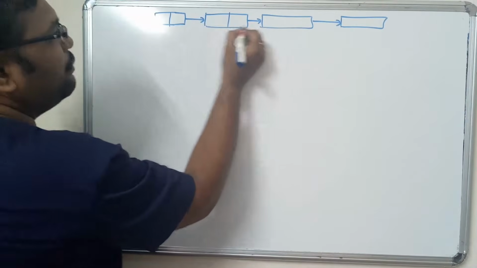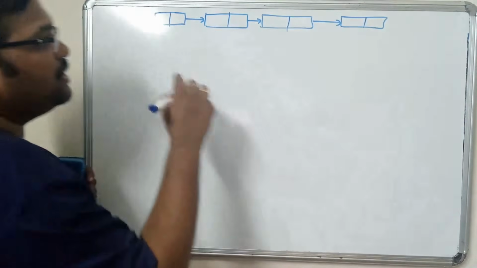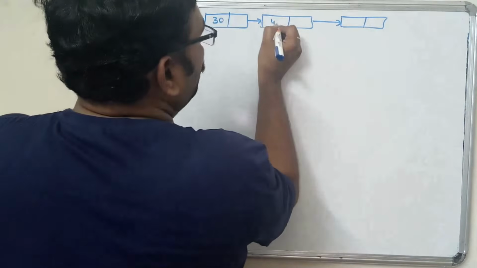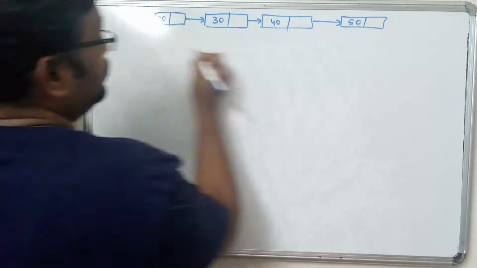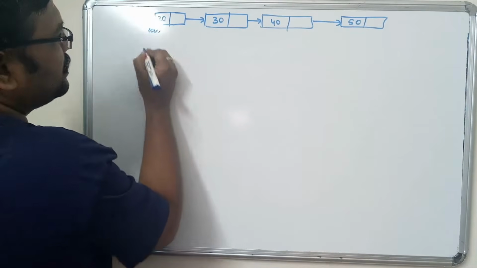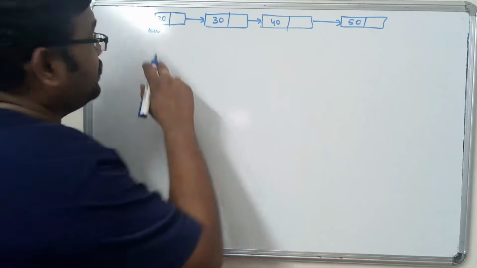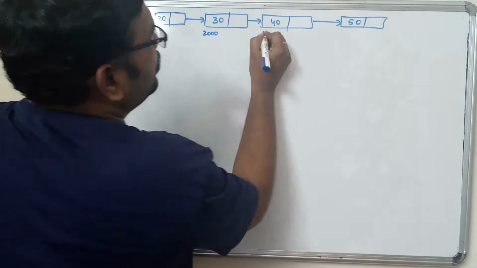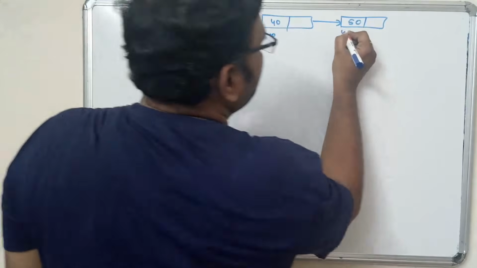Every node has 2 fields. One is data; let it be 20, 30, 40 and 50. The memory address of the first node is 1000, this is 2000, this is 3000 and this is 4000.